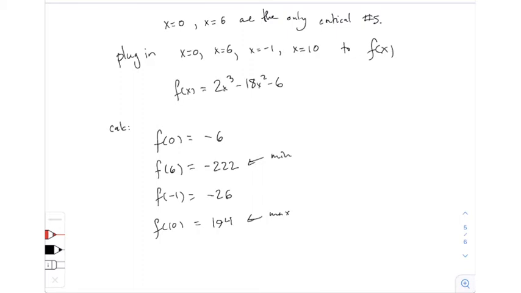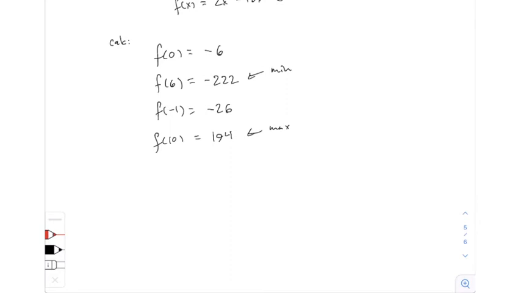So my final answer, if you wanted to write something nicely as your answer, I would say the absolute maximum is f of 10 equals 194, and the absolute minimum is f of 6 equals minus 222. All right?